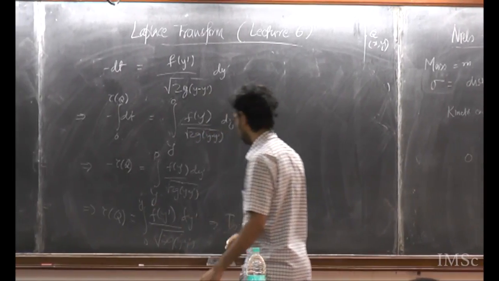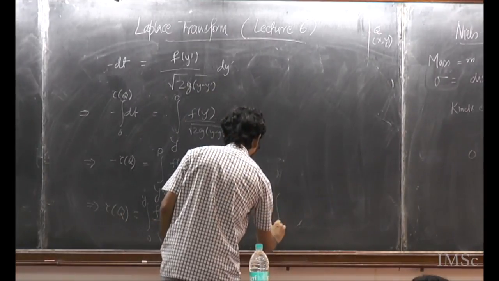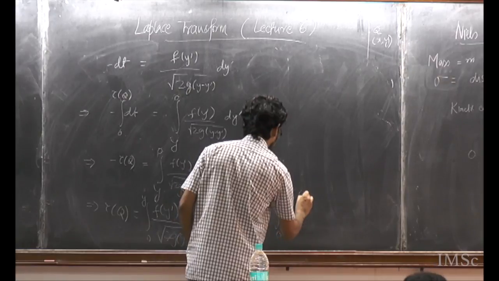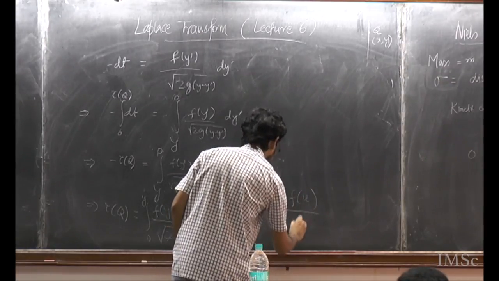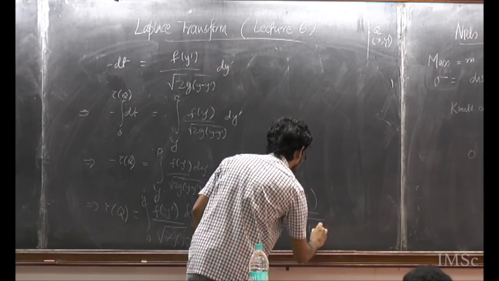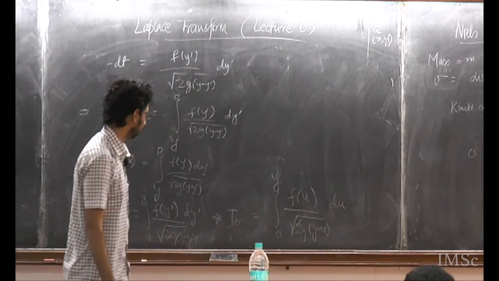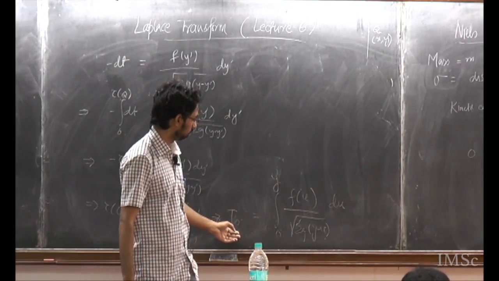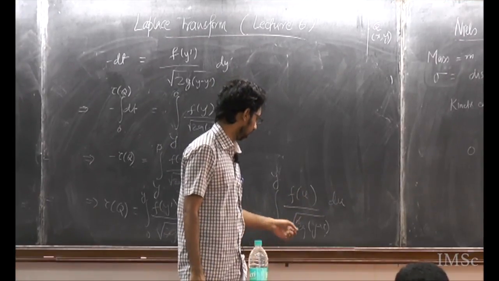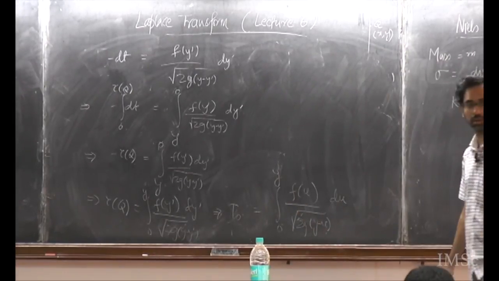This thing, you can write it as follows. I put it in a way which is easier to see. You can just put y prime to be u. This part is known. You have to find out f(y), and this is a convolution.